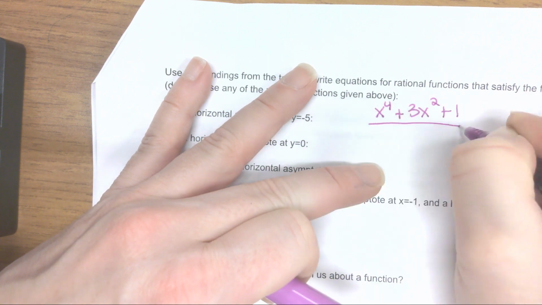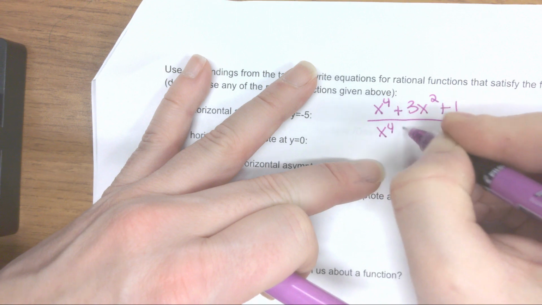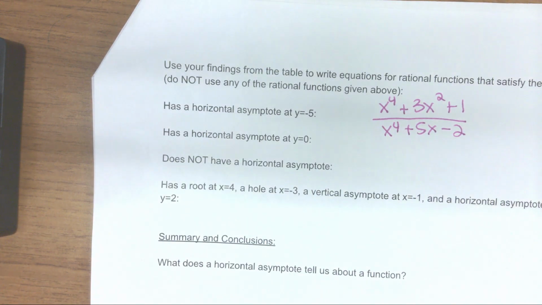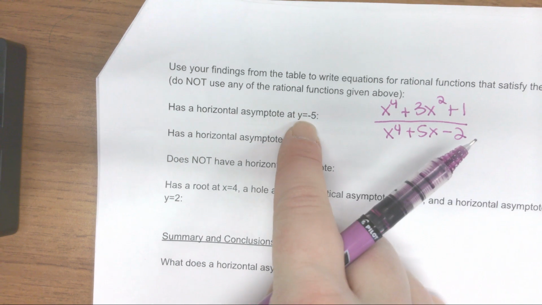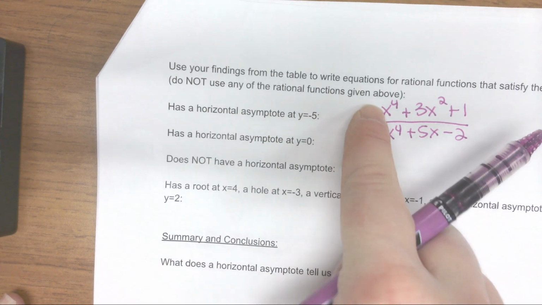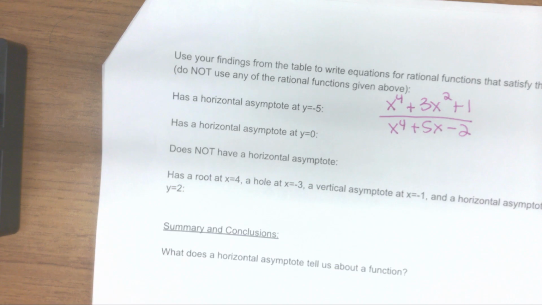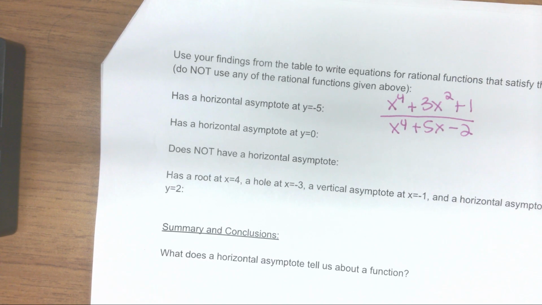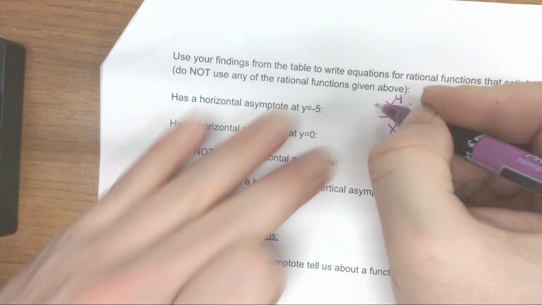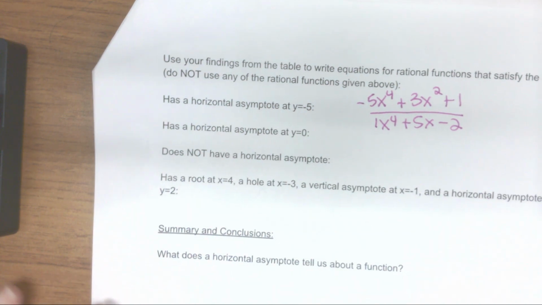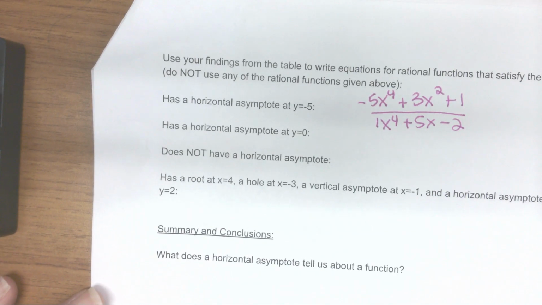On the bottom, I'd need an x to the 4th plus 5x minus 2. In order to make this have a horizontal asymptote of -5, I would need the leading coefficients to divide to be -5. Could I make this -5 and this 1? Would that work? Yeah, or you could make it like -10 and 2, or 10 and -2, something like that.